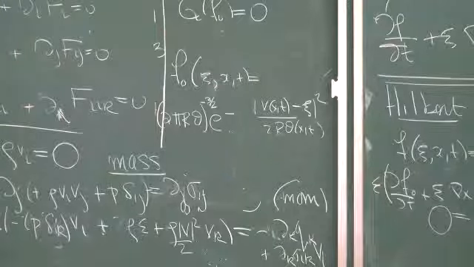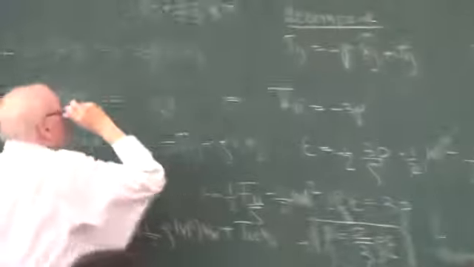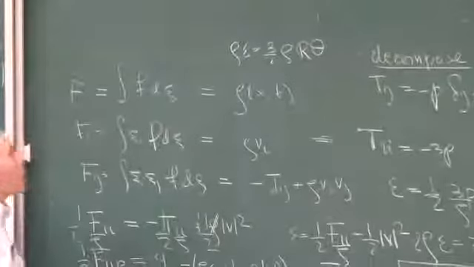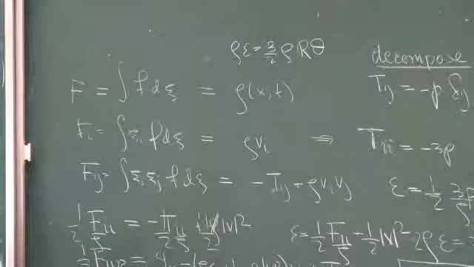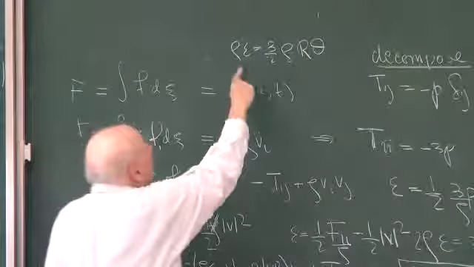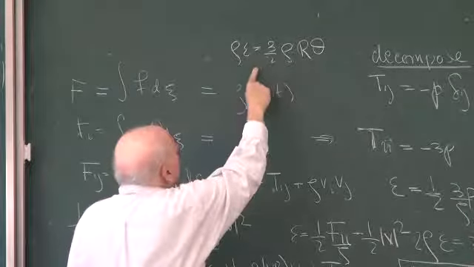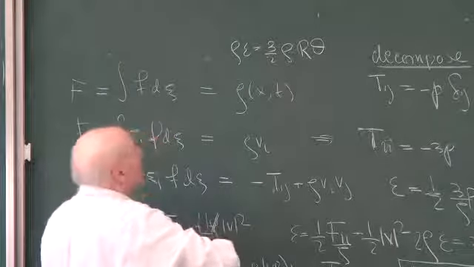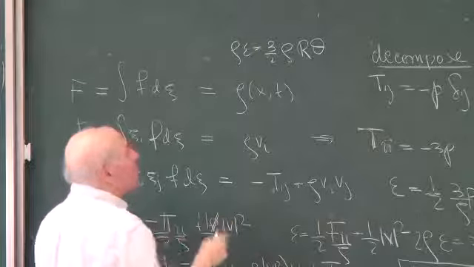So that's rho epsilon equals 3/2. Remember, it was rho. So this is the E, right? Remember, rho epsilon was related to the pressure.